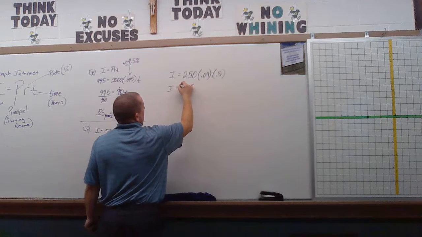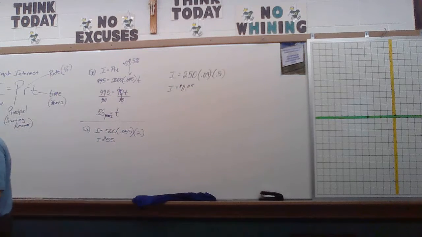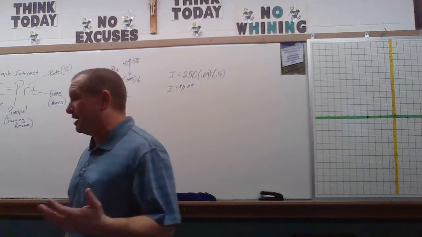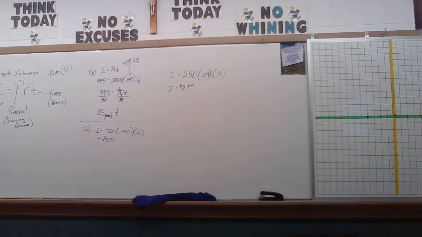$11.25. All right, so here's the question. How much would I owe the bank? 22.50. No, $135. Okay, for per year, I understand. But if I told you that I wanted to pay back my loan after that 6 months, that's how much interest they're charging me. But what do I owe the bank? $135.